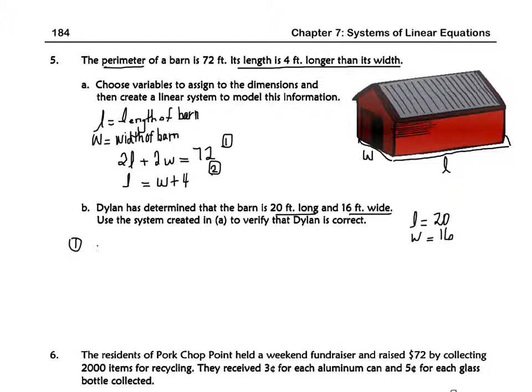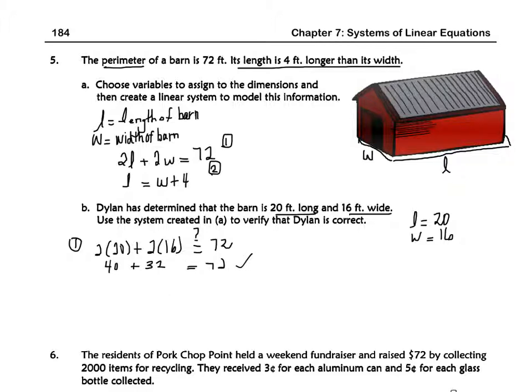So we get 2 times 20 plus 2 times 16, and we ask, is that equal to 72? This gives us 40 plus 32, which is equal to 72.